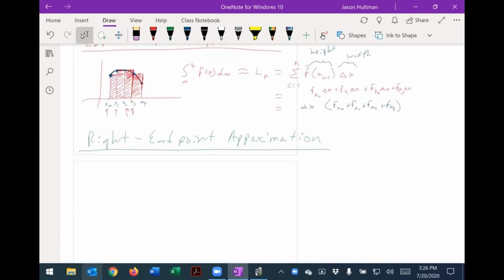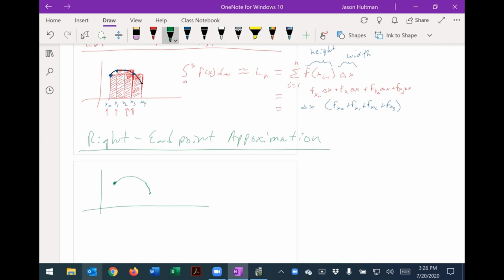So what does a right endpoint approximation look like? Well, we're going to go like this, and then we're going to have our point, and our endpoint, and we're going to have a similar curve. In this case, we're using right endpoints.